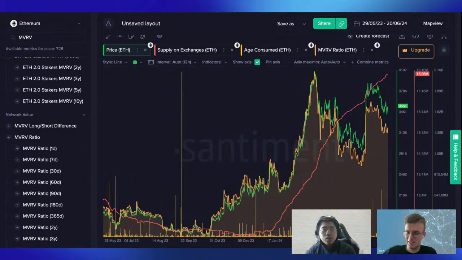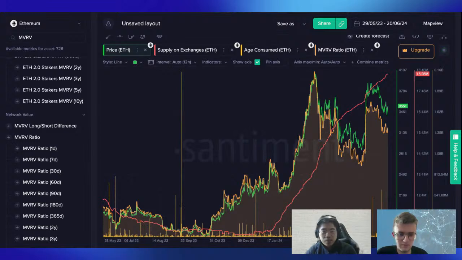I think for Bitcoin, it's pretty straightforward. For every dip, it could be an opportunity to buy. While for Ethereum, your findings were interesting, especially the parameter of the supply on exchanges.